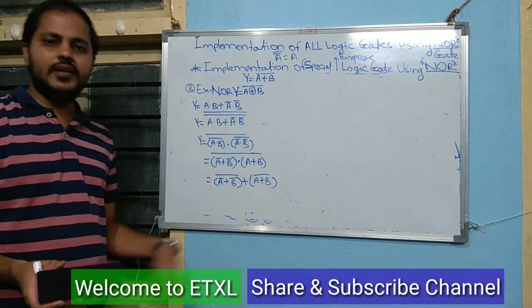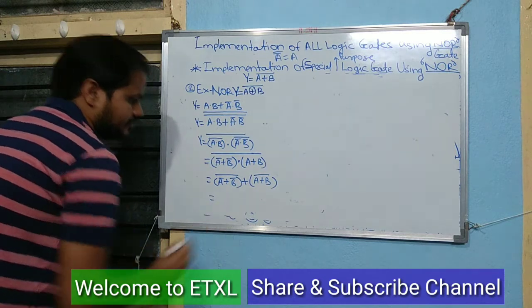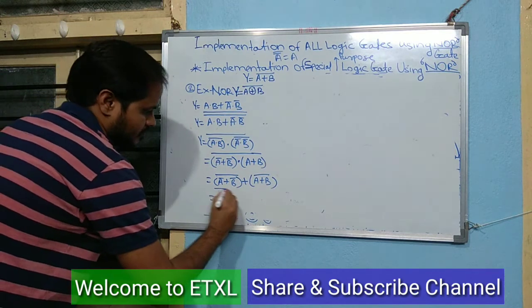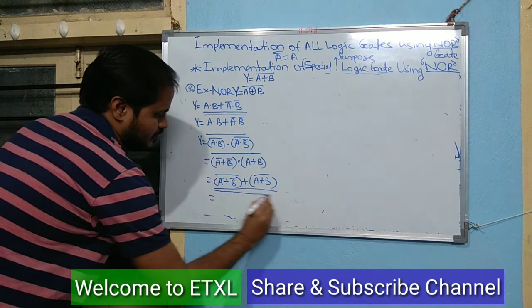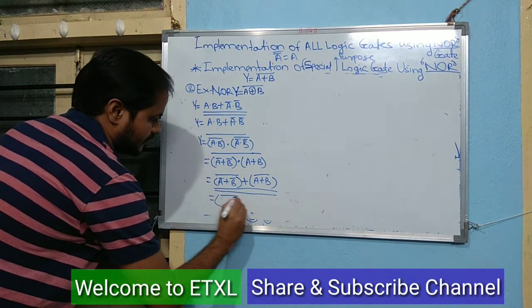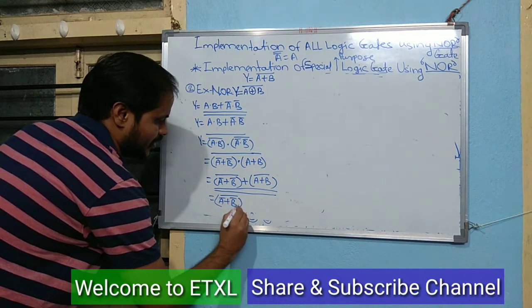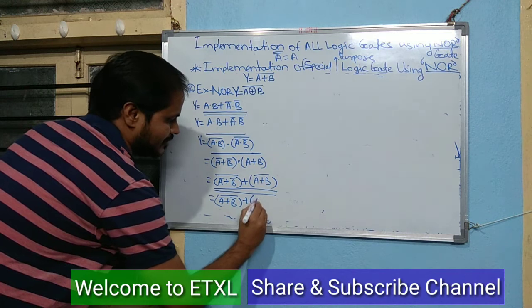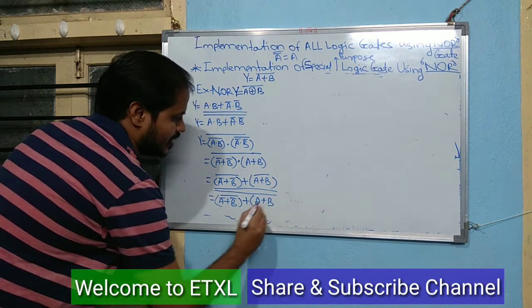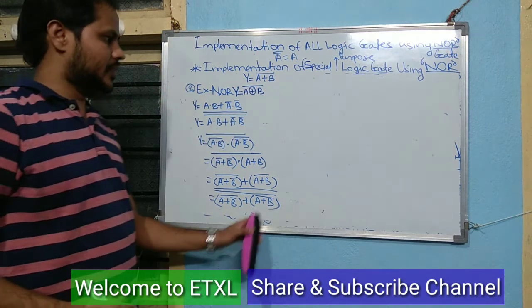Therefore, again apply the double inversion law. Then you are getting the equation A bar plus B bar plus A plus B bar. I am writing these equations here.